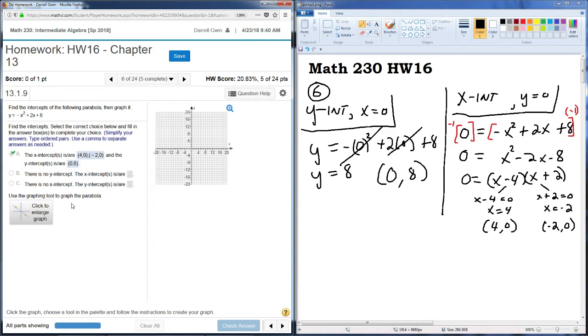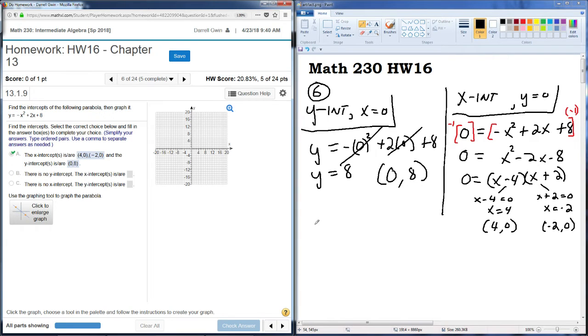No, let's do this. So I have to graph this. Alright. If I'm going to graph this, the first thing I need to graph is the vertex. So I better find what the vertex is.